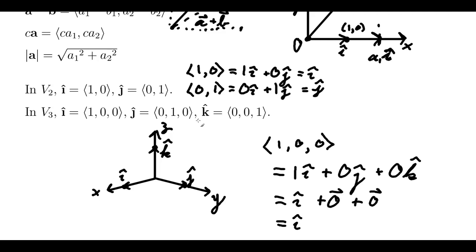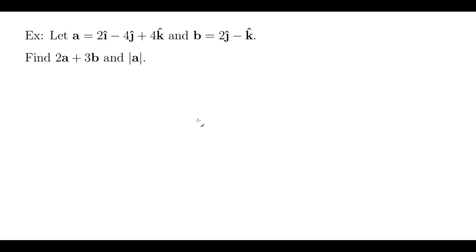Let's finish up with one quick example in a three-dimensional setting to work this out a little bit. So we'll let A be the vector 2i minus 4j plus 4k, and B be the vector 2j minus k. We are asked to find 2A plus 3B and the length of A. So let's focus on the first one first.